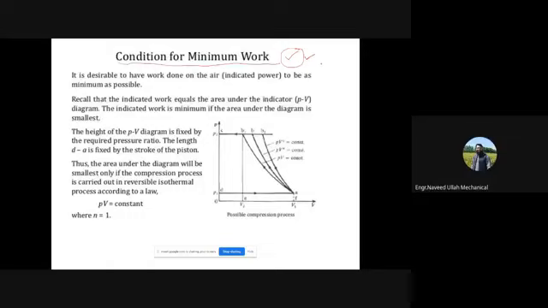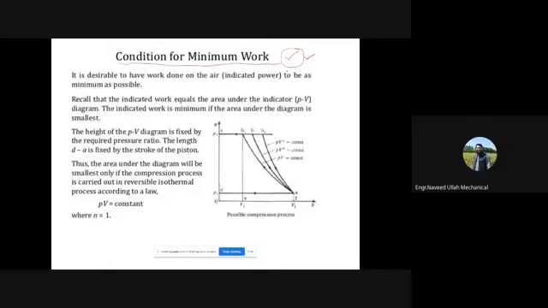And as far as power producing devices are concerned, we do something with the machine to increase the power output. So in case of power producing devices, we want to maximize the output; in case of power consuming devices, we want to minimize the power input.